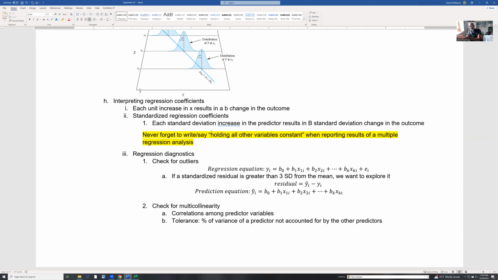If I decide to look at the effect of pollution, I hold cigarette smoking constant. I give everybody the mean level of cigarette smoking. So I always hold one thing constant.